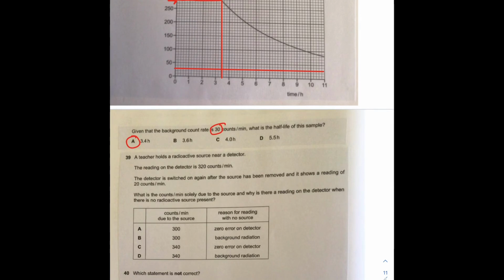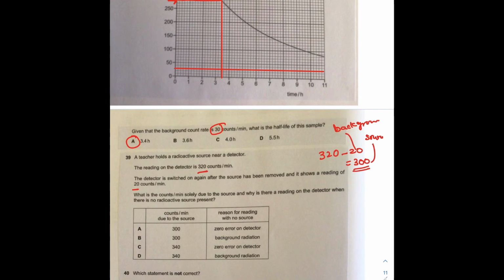When source and detector both are in, it was 320, right? The reading after the source being removed is 20. So minus 20. So 300 was due to the source and 20 is due to the background radiation.